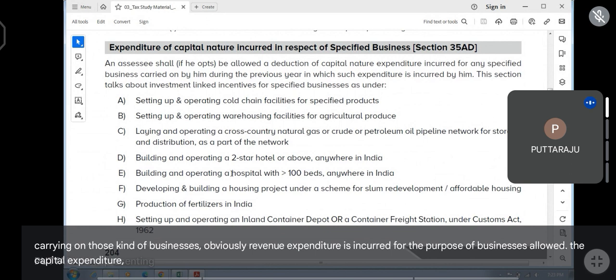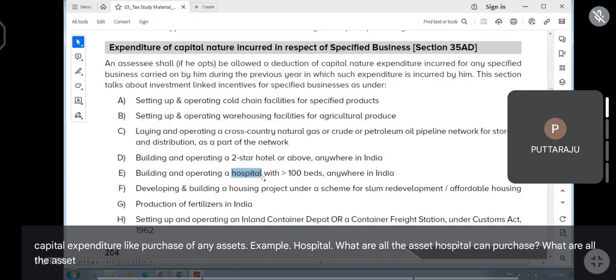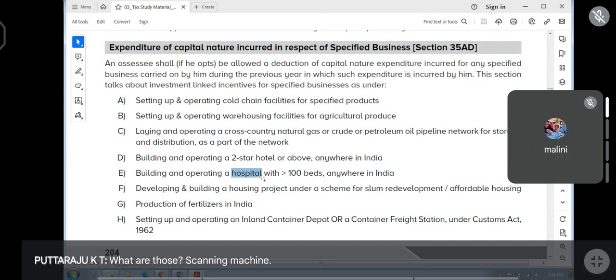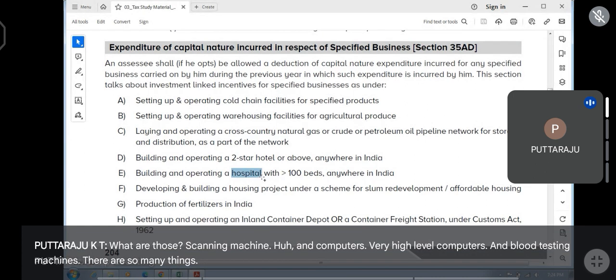Example, hospital. What are all the assets a hospital can purchase? Medical equipment, scanning machine, and computers, very high level computers, and blood testing machines. There are so many things, right?